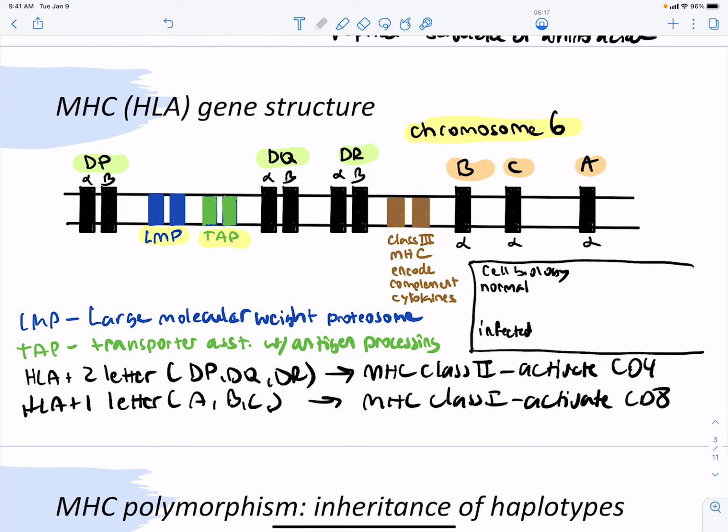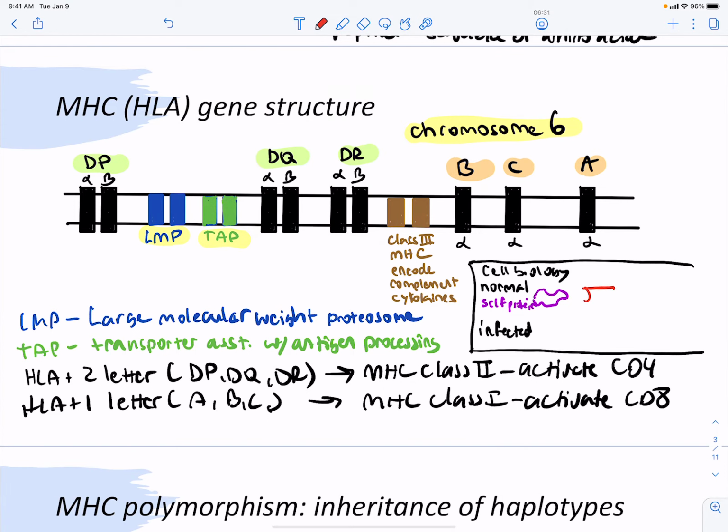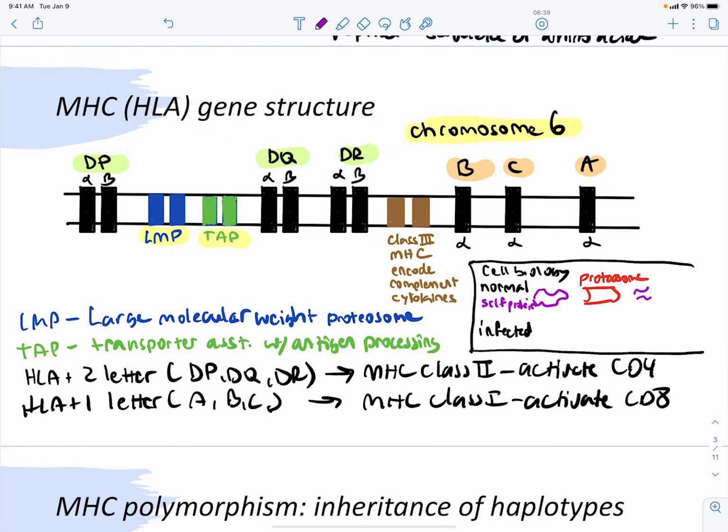In normal, you will have self-proteins, and these will be fed through a proteasome, and these will make self-peptides.